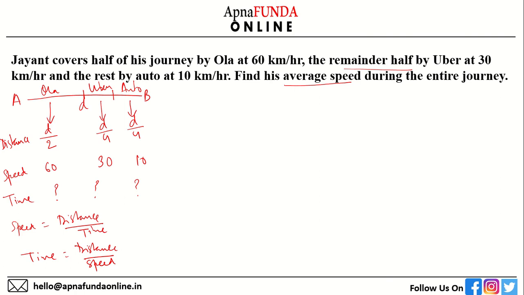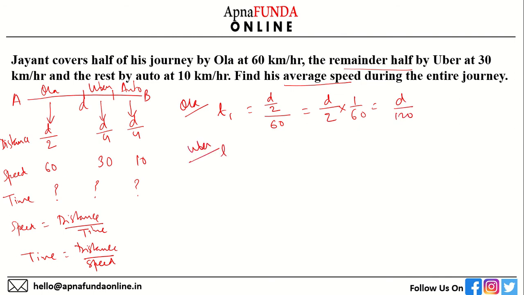So let's find out the time for each of these journeys. In case of Ola, let's say T1, distance is d by 2, speed is 60. So d by 2 into 1 by 60. So my time T1 is d by 120.